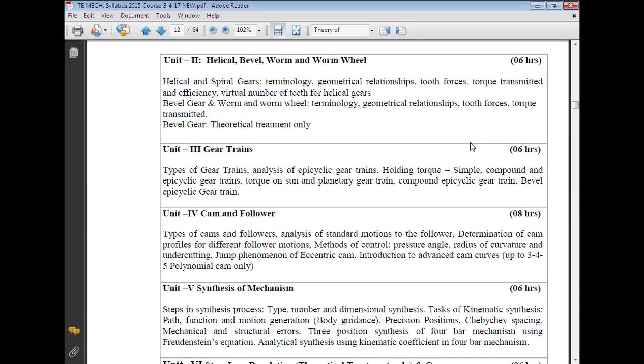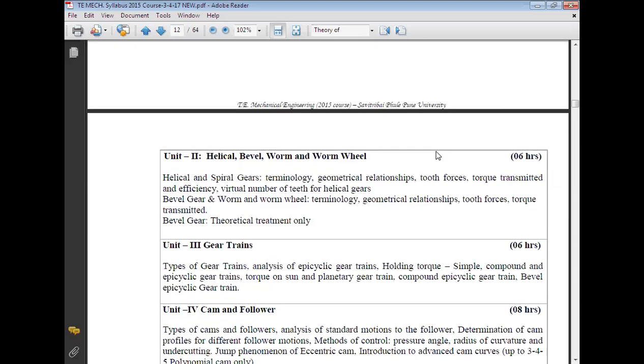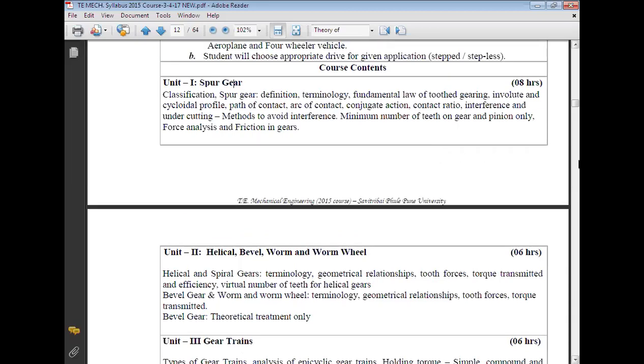Moreover, if you see these two units, first and second, these are quite similar units. Only the shapes or the teeth of the gears are different, and because of the tooth difference, there is a difference in its torque transmission capacity, its performance, and its efficiency.